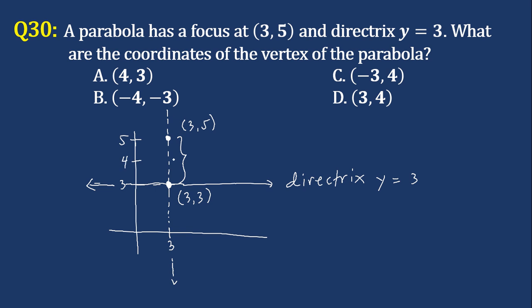Obviously, it is 3, 4. So this is now your vertex. So the parabola looks like this. We don't know whether it intersects here. What's important is we know the direction of the parabola. So the vertex is at 3, 4. So the answer is letter D.